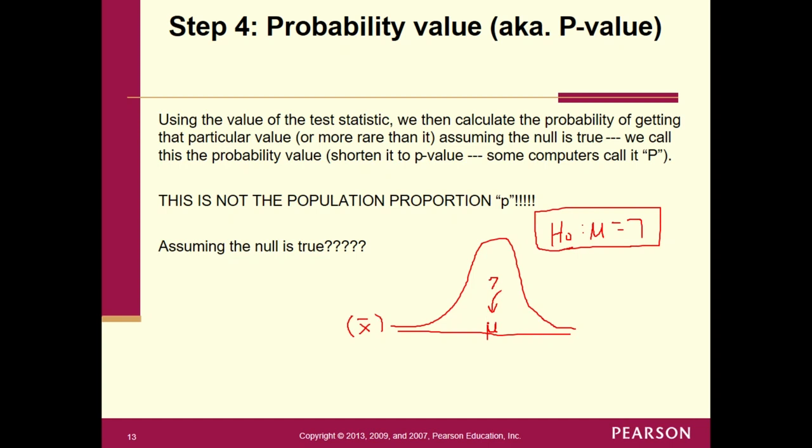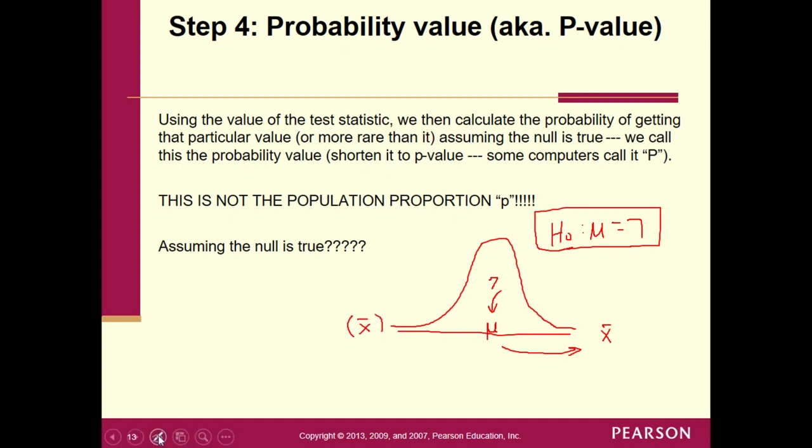Then we take our random sample, and if our x bar is 4 standard errors away, way out here, we're going to say maybe 7 isn't really the center of the distribution. Maybe the center is located closer to x bar, meaning greater than 7. That's the idea here.